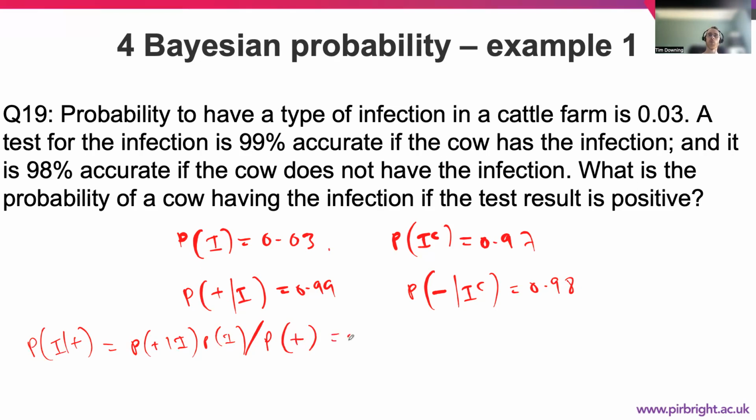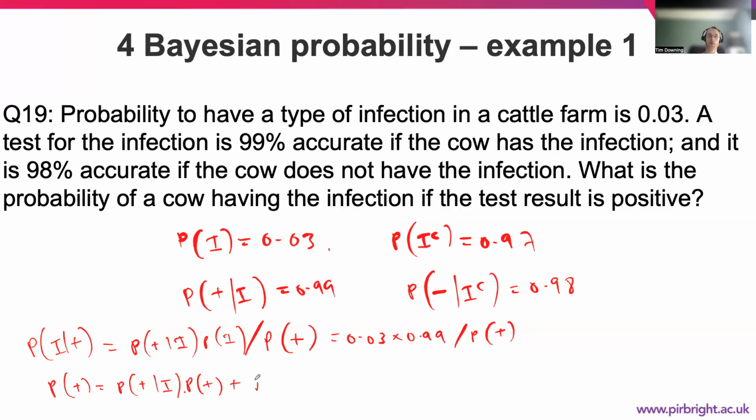So therefore we have some of these data already. We have 0.03 by 0.99 divided by the probability of a positive test. And we know that for a positive test, we just need to sum across the different options that we have. Positive, given that you're infected, is one option, and that's going to be multiplied by the probability of being infected in the first place.